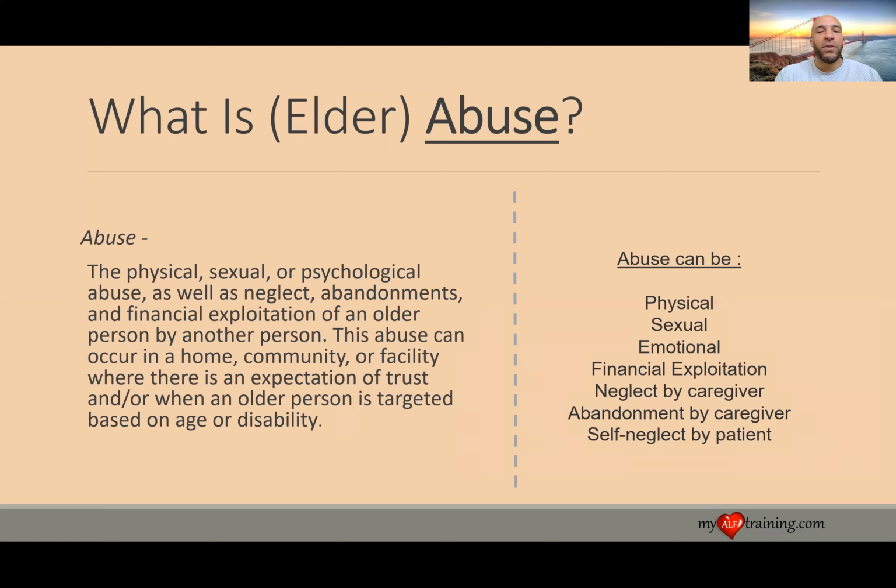Now, abuse doesn't have to occur in any specific environment. It could be in a home, it could be in a care facility, it could be outside at the park, but it has to occur somewhere where there is an expectation of trust, or when an older person is specifically targeted because of their age or their known disability.